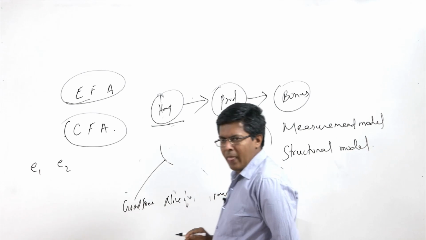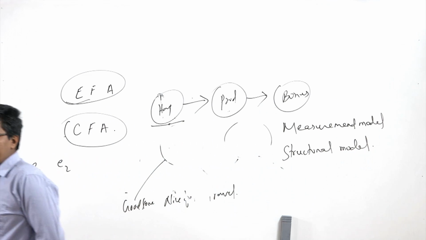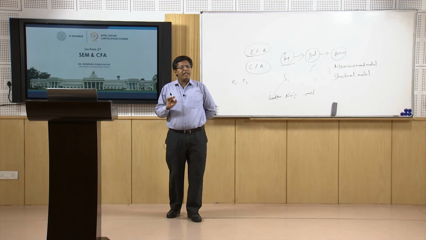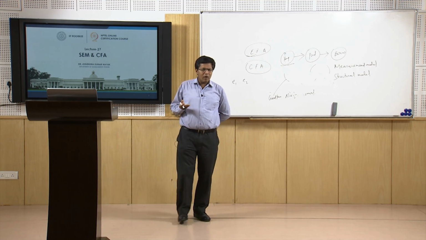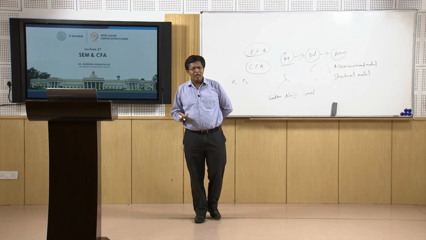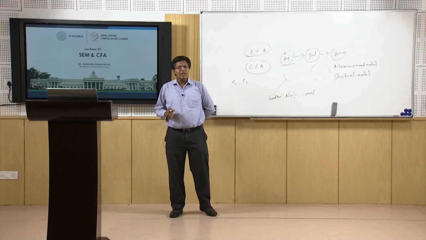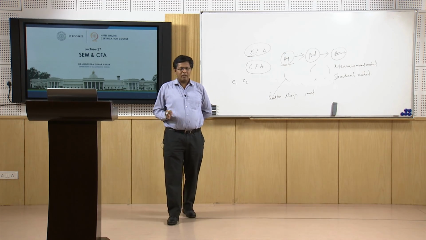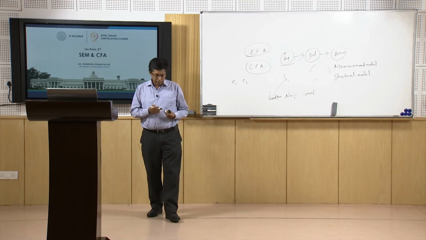Okay. So, the measurement model is where you are measuring whether the constructs are valid enough or not. That is the job of a factor analysis, it is very close to exploratory factor analysis. The only difference being here that you know what you are doing, and in exploratory you did not know what you were doing, right.